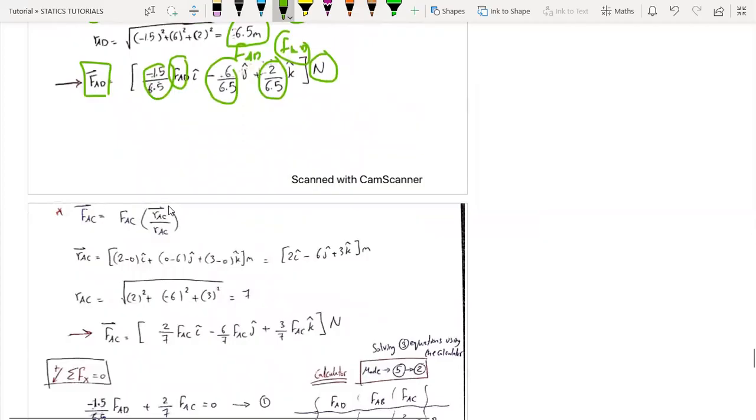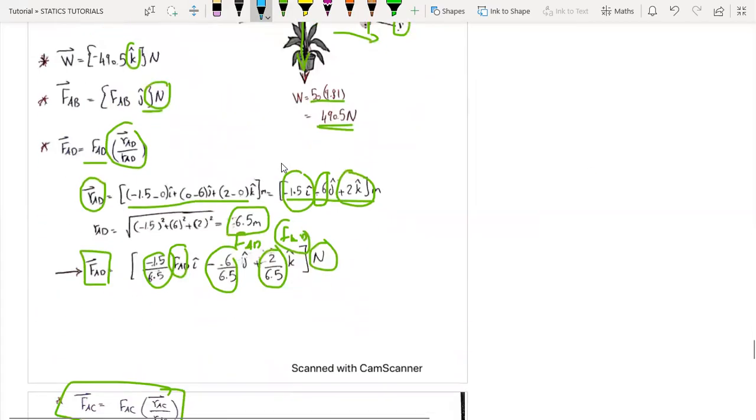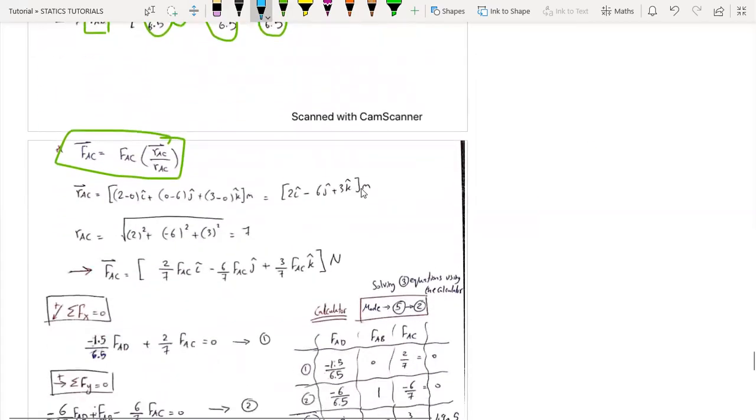Now regarding the force of AC, same process. The coordinates of point C minus the coordinates of point A. So 2 minus 0 i hat, plus 0 minus 6 j hat, plus 3 minus 0 k hat, and the unit is in meters.